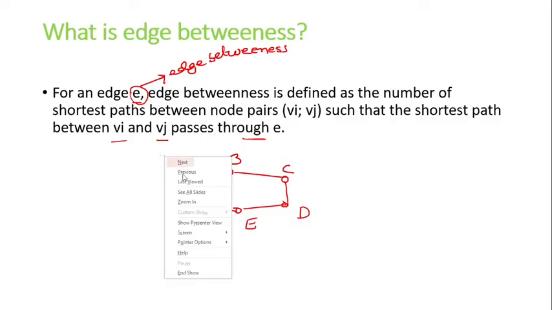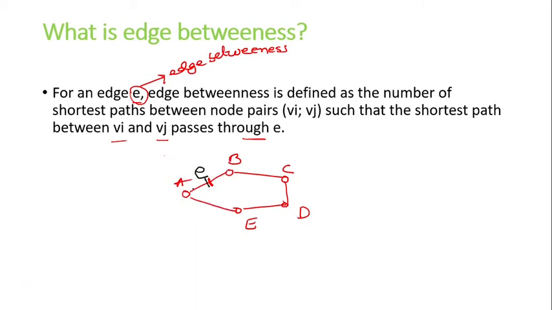Let me change the color, make it black. So this edge I'm going to find the edge betweenness of first. That means the edge under consideration is AB. I have to find the edge betweenness of AB. Similarly, you have to find the edge betweenness of BC, and of CD, like that.